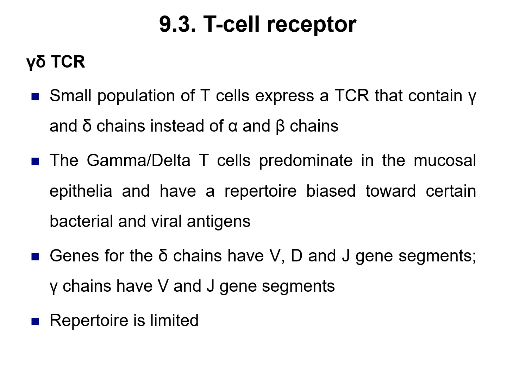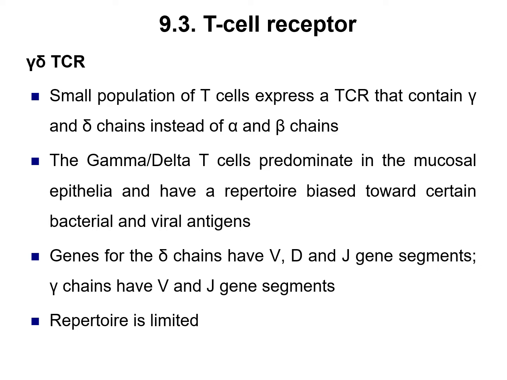One of the T cell receptors of interest is the gamma delta receptor. They are found in a small population of T cells that contain delta and gamma chains instead of alpha and beta chains. They are found in the mucosal epithelia, usually in the respiratory and gastrointestinal tract, and their repertoire depends on the presence of bacterial and viral antigen. They have V, D, and J segments.